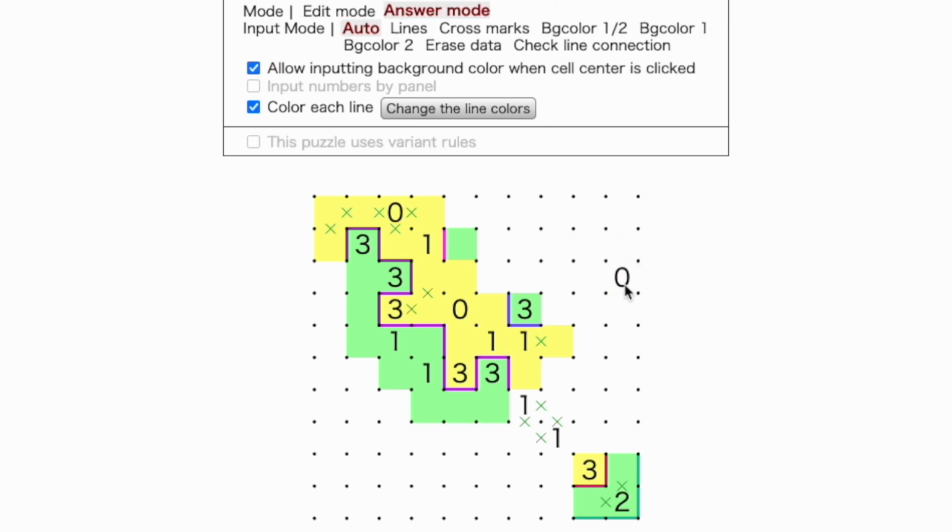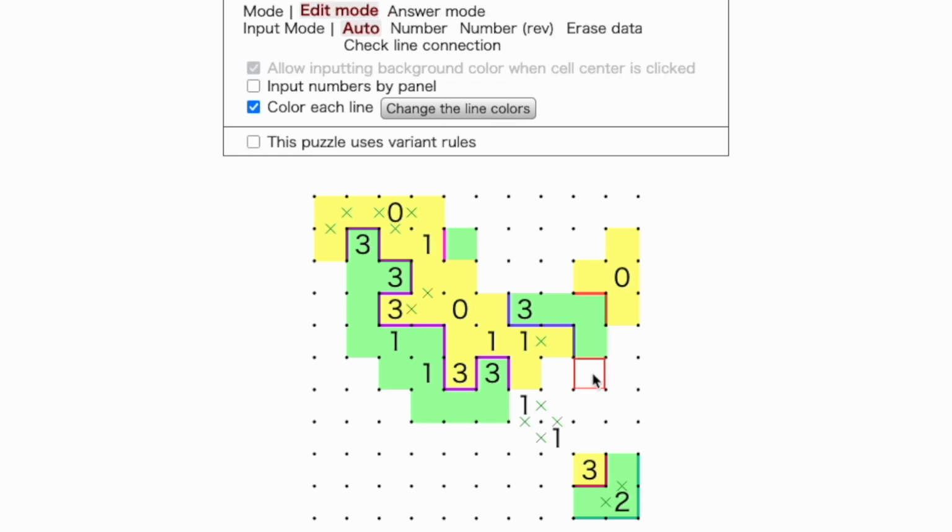Put 0 here. These are all out. The green area has to come through here now. That's nice because that gives us these lines, it gives us these lines. Good. Okay. So next, what if I put a 0 here as well?